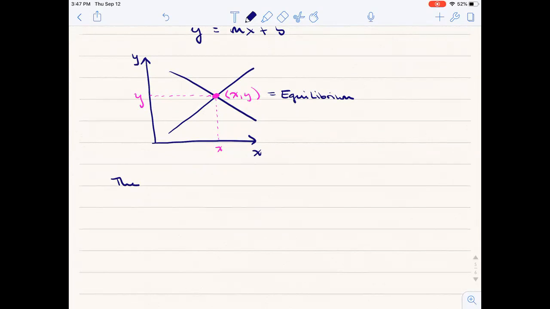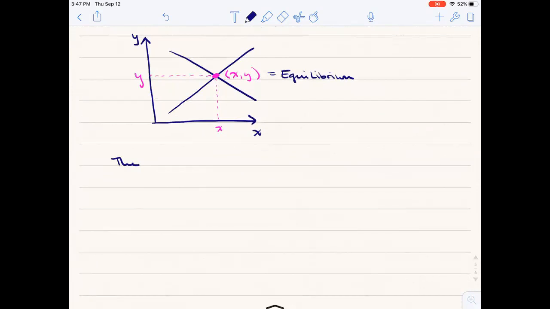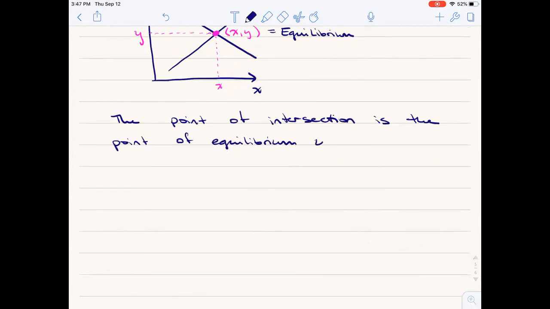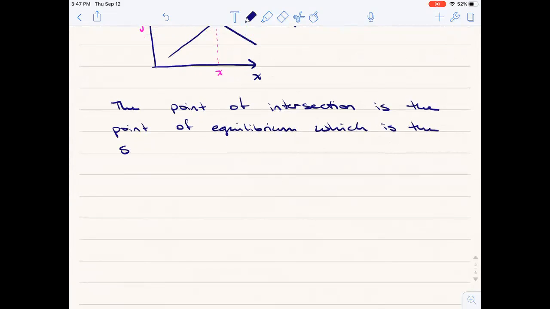That's where they cross, and that's where you'll find equilibrium, and that's what we're always looking for, right? And so the point of intersection is the point of equilibrium, which is the solution to the system.